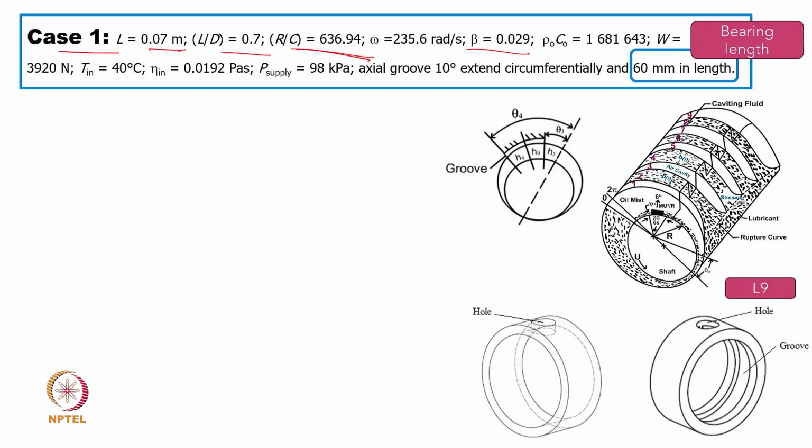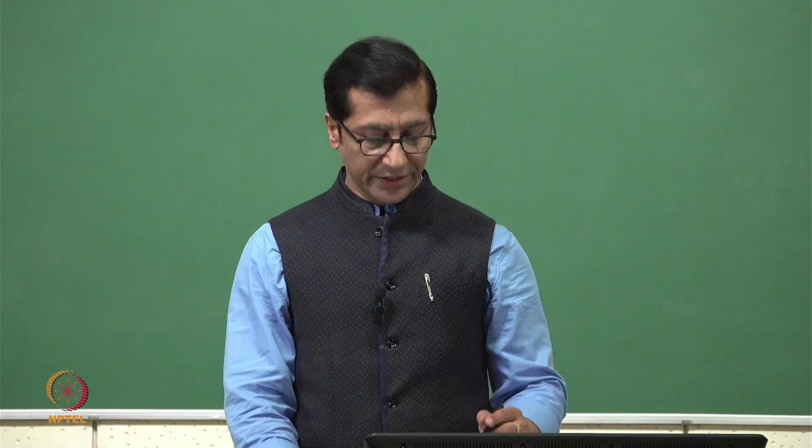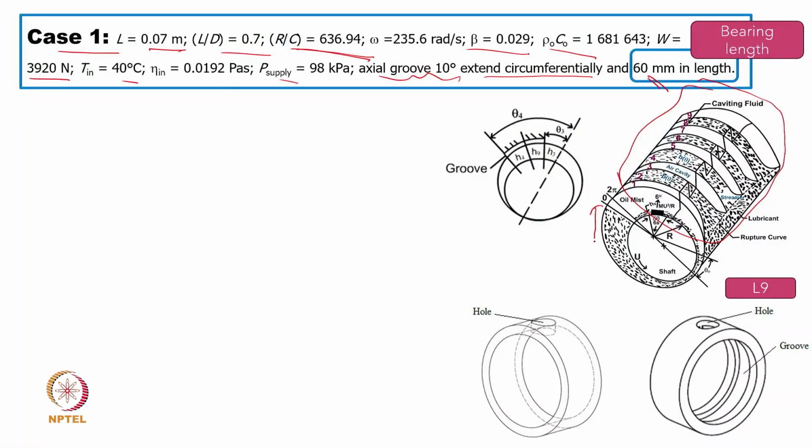Now beta has been already defined, thermal properties have been given, applied load, temperature, viscosity, supply pressure. One more thing has been given: there is an axial groove of 10 degrees extending circumferentially, and the length is 60 mm. This diagram was shown in a previous lecture. We say that in a hydrodynamic bearing, this portion is a convergent portion which will have a full film.